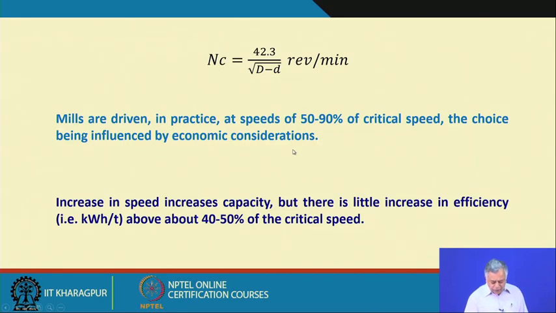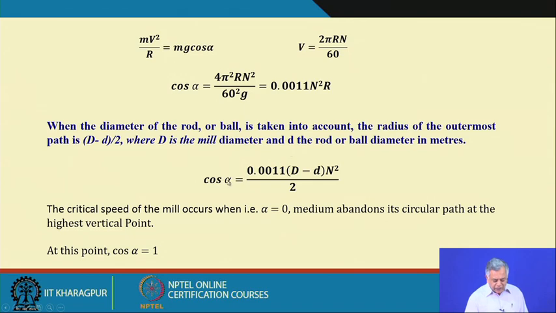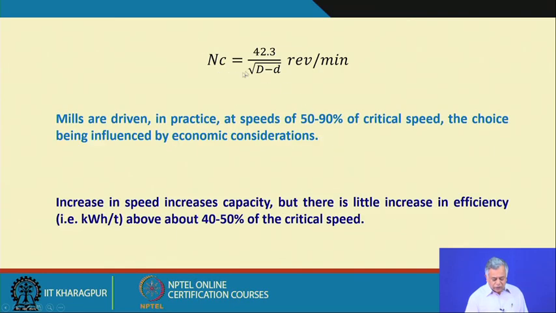So, if we put cos alpha equal to 1 and simplify, we can derive the maximum RPM, n c, where c stands for critical. So, the critical RPM or critical speed is equal to 42.3 divided by square root of (D minus d), and this is the RPM.